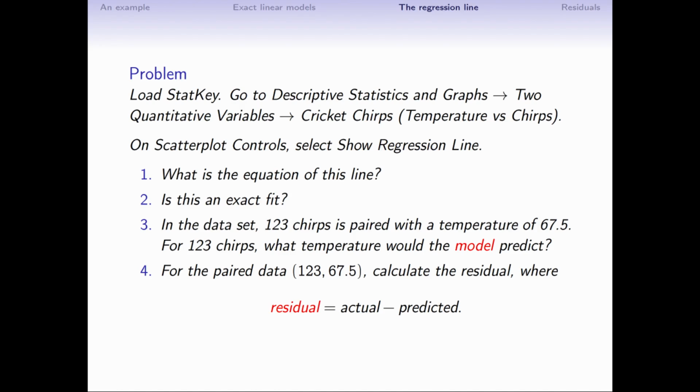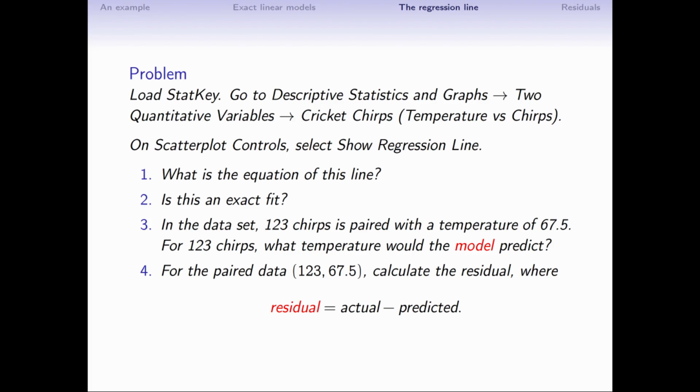Question 1, what is the equation of this line? I'll show you how we can get the slope and the intercept right out of the summary statistics in StatKey. Is this an exact fit? Well, we'll know once we see the regression line. In the data set, 123 chirps is paired up with a temperature of 67.5. For 123 chirps, what temperature would the model predict?